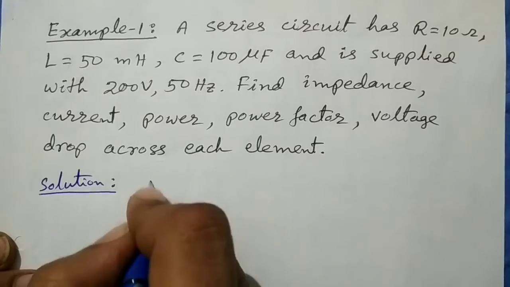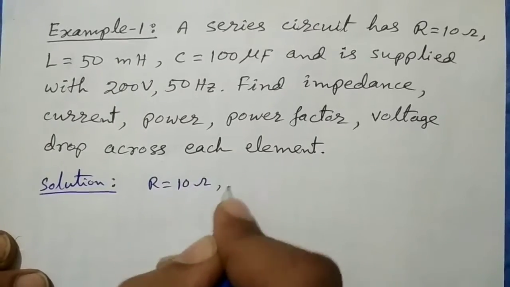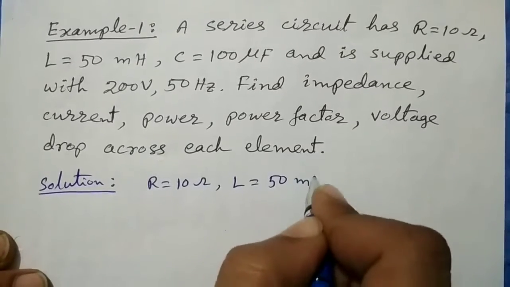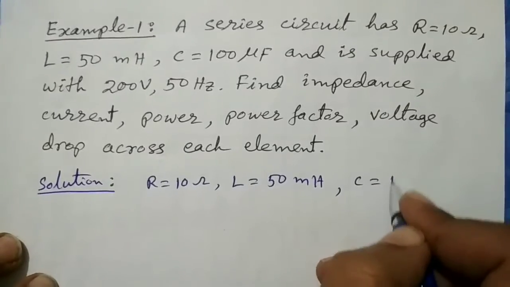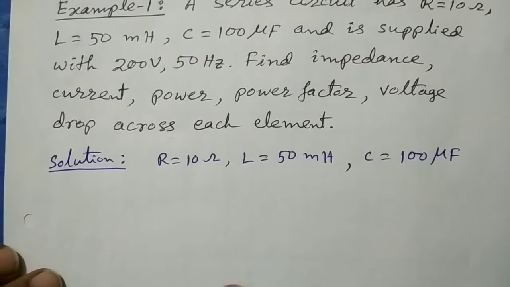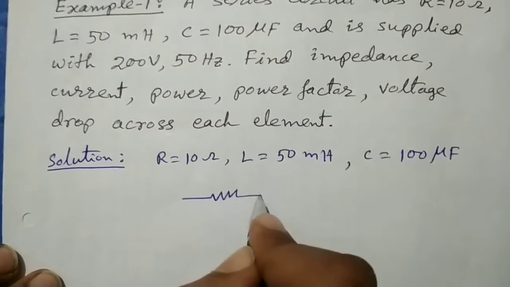Here given R is equal to 10, L is equal to 50 millihenry and C is 100 microfarad. So these three elements are connected in series.